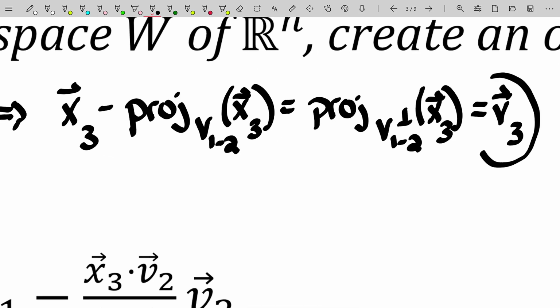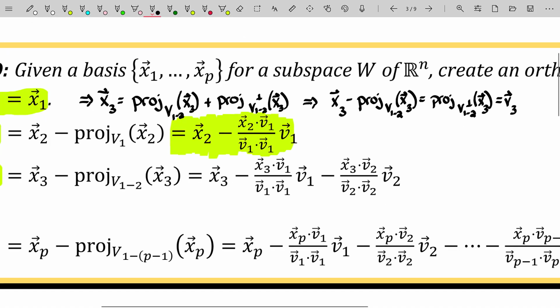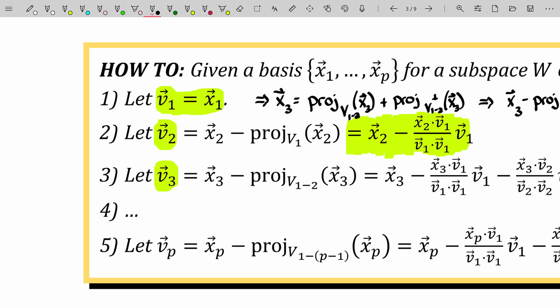Remember, v sub 3 now is perpendicular to the subspace spanned by vectors v1 and v2. That is, we've just created a brand new vector that's orthogonal to both v1 and v2.